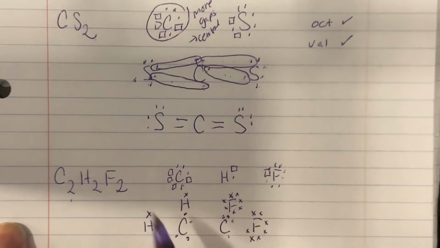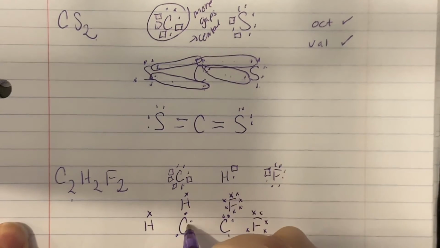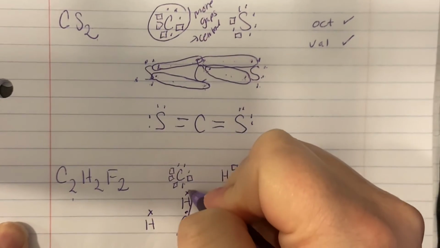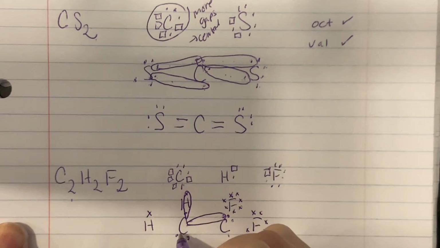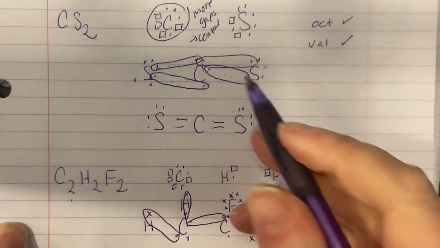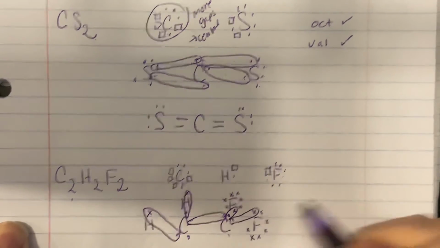Okay, so carbon is going to have to bond with the other carbon, or it's going to be two separate molecules. Carbon has to bond with this hydrogen. Carbon has to bond with that hydrogen. Okay, and then this carbon over here is going to bond with the fluorine and with the fluorine.